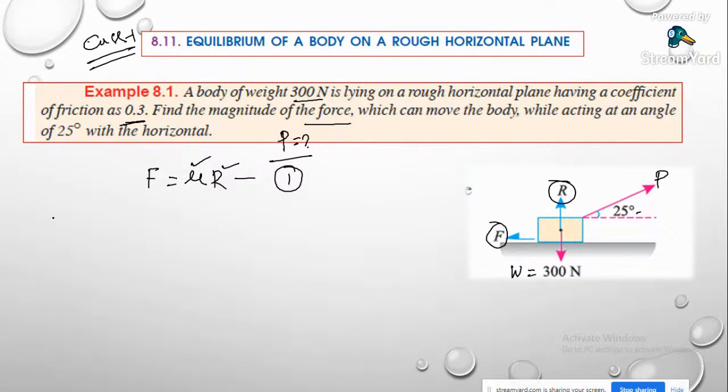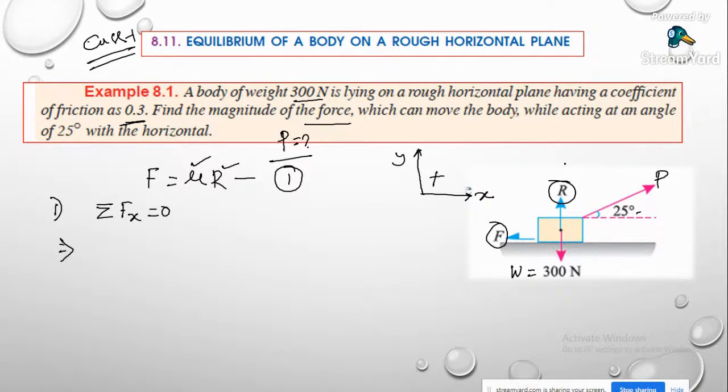So first I will use the static equilibrium equation. Summation of forces in the x direction will be equal to 0, because the body is in static equilibrium, always remember. This is my sign convention, positive x and positive y axis. What are the forces acting in the x direction?